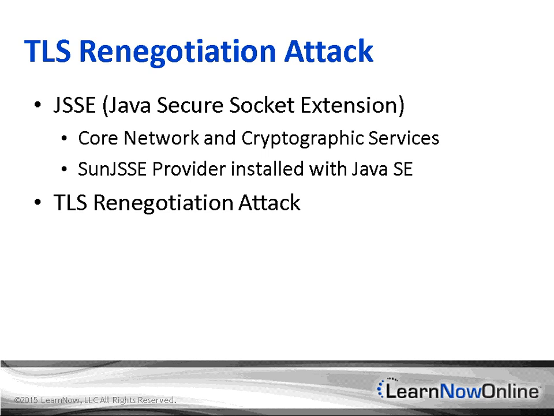The flaw was in the TLS protocol itself, so it affected everyone using the secure protocol over the Internet. The IETF TLS working group developed a patch for this flaw, which has been implemented in Java SE 7.